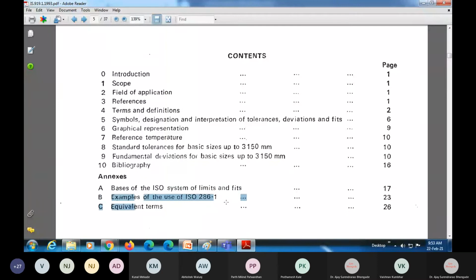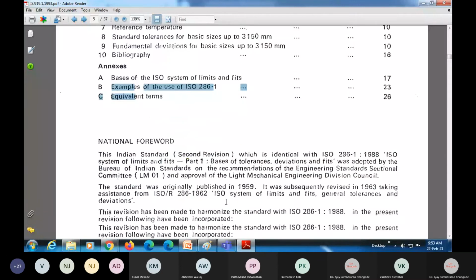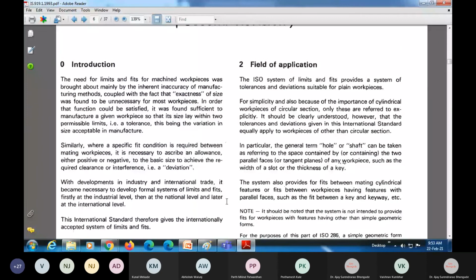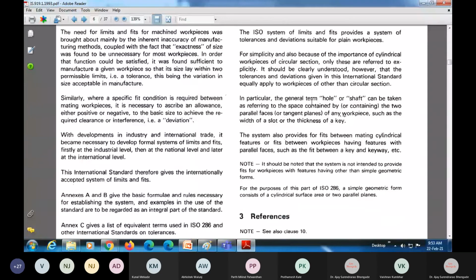in this table there. Okay, so if we simply scroll down, that will show where it has been used, what is the meaning of the hole, right? I told you in general, the terms hole and shaft can be taken as referring to features containing two parallel faces. I already told you that hole indicates the internal dimension and shaft indicates the external dimension.